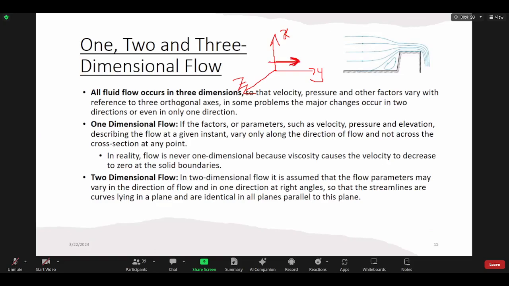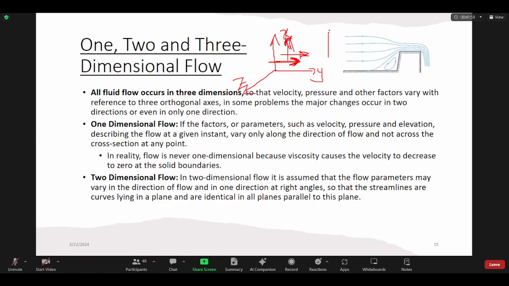Its properties, meaning velocity and pressure, should change only in the y direction, not in the x direction.